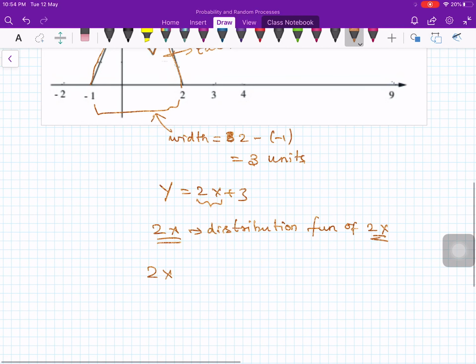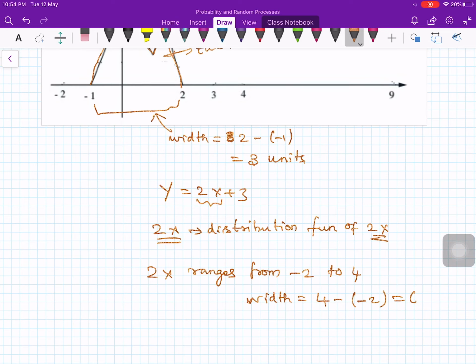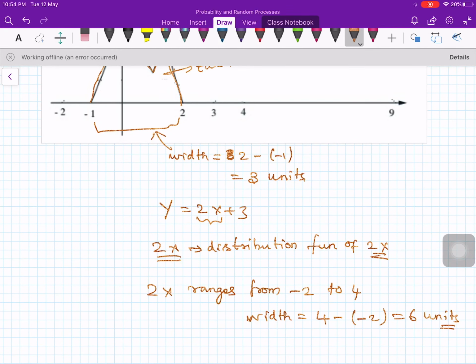So 2x ranges from -2 to 4. What is the width here? Width equals upper value minus lower value, therefore 6 units. That is the total width. That means you are stretching the distribution function.